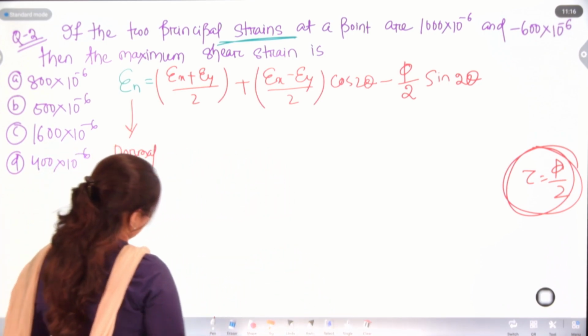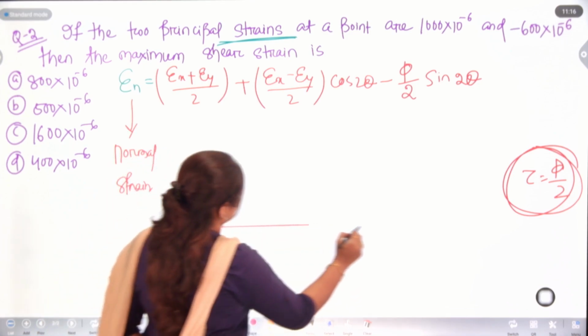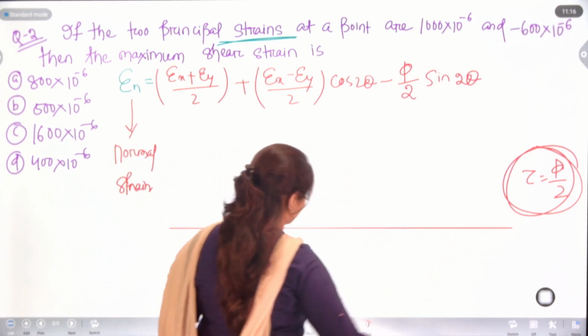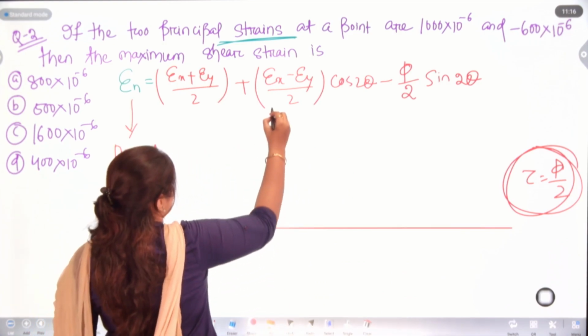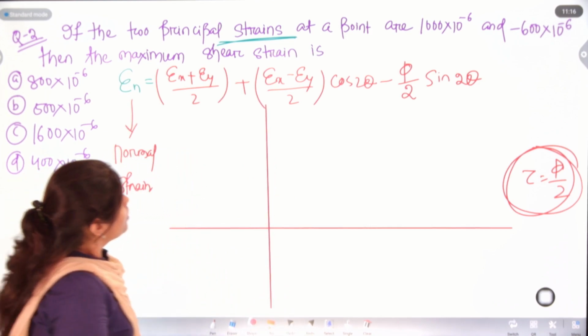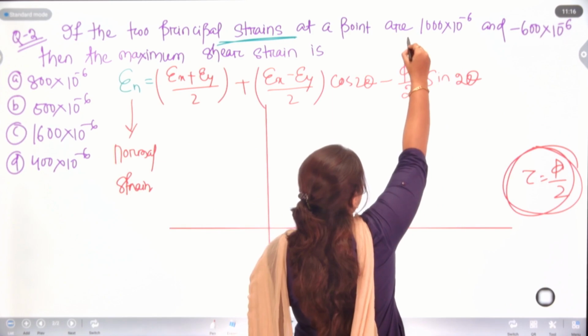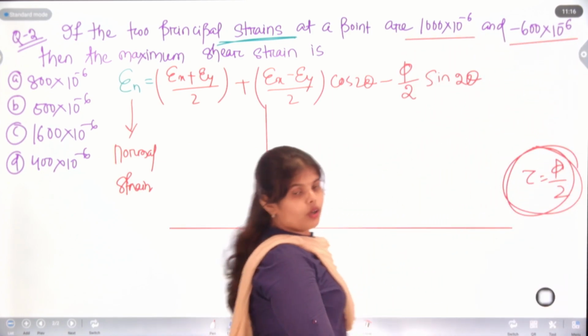Okay. Now, to draw the Mohr circle, you can see here one is positive and another one is negative. Okay.